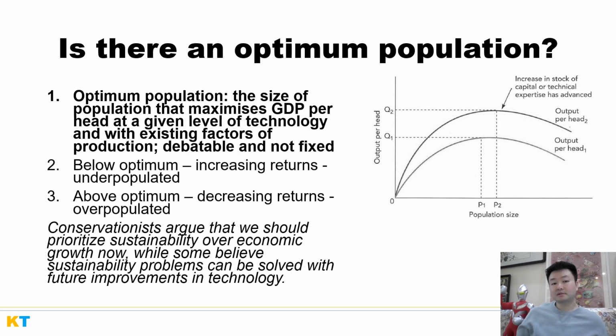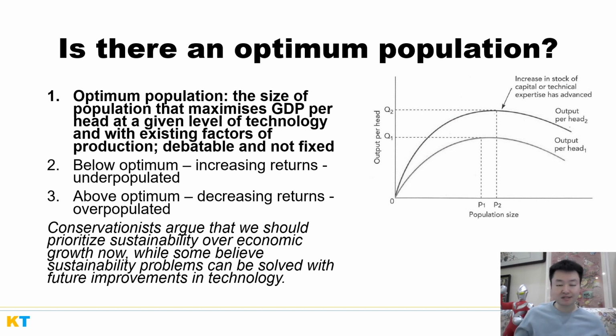Now that brings us to the question: is there an optimum population? If we've got a low development country with a high dependency ratio, and we've got high development countries going into situations with high dependency ratios, then is there such a thing as an optimum population that maximizes the income per head, so that the people in that country's welfare is maximized?